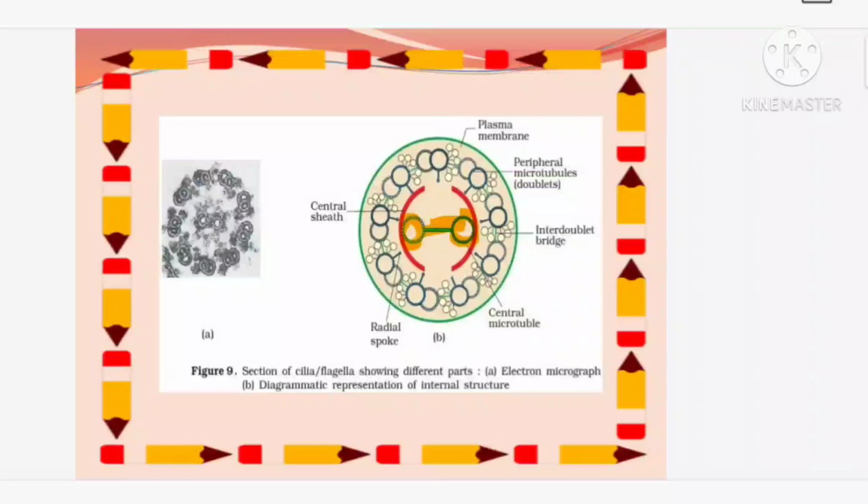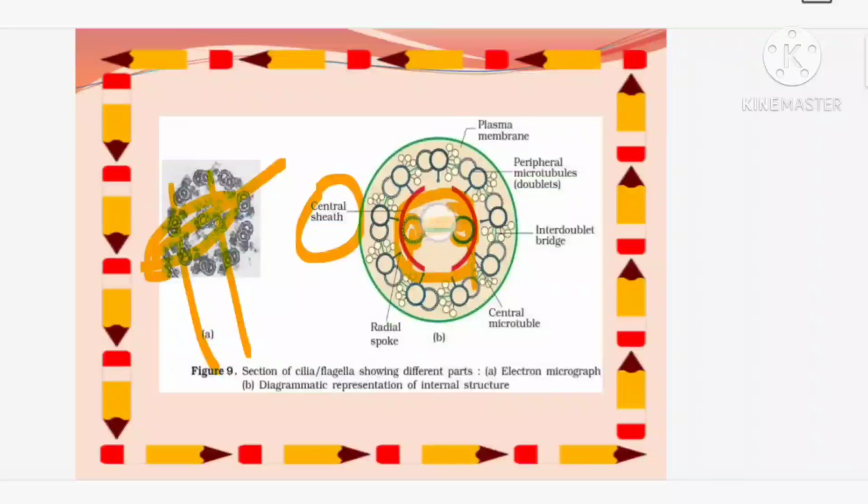The central part we call the central sheath. So I have taken a cross section and I am seeing it under the microscope. It will look like this: two central microtubules connected by a bridge, and this portion we call the central sheath.